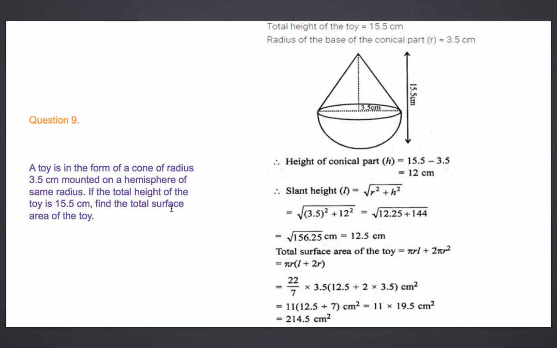It's not volume we are asked now, it's just the toy that is formed. So that means only this curved part. So the total surface area of the toy equals pi r l, which is the curved surface area of the cone, plus the curved surface area of the hemisphere, only that curved part we want, 2 pi r square.